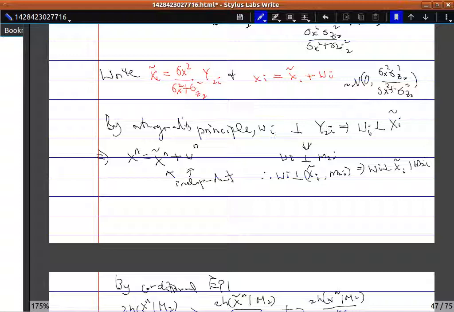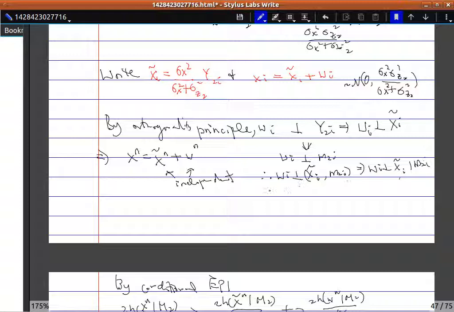So w is independent of y2, and because m2 is just a function of y2, w will be independent of m2 also. So w will be independent of both x tilde and m2, and by that w and x tilde will be conditionally independent of m.